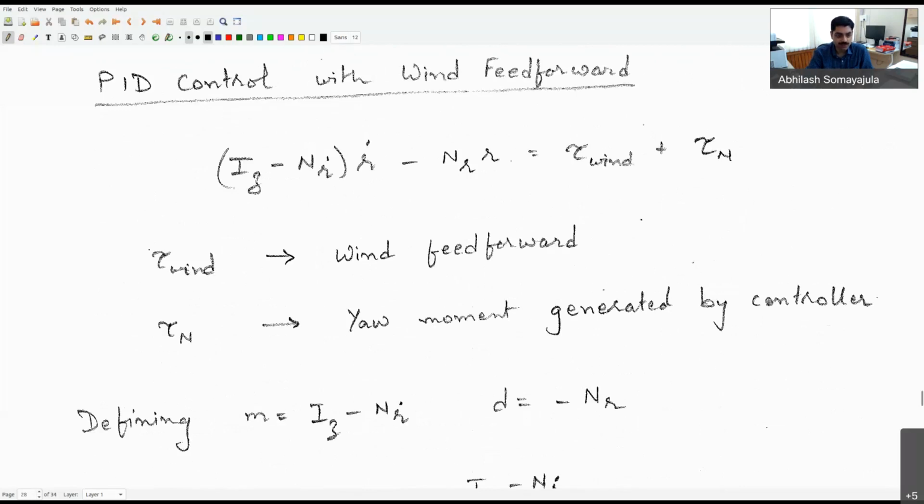So for the moment, we are still focused on the autopilot system, which means we are only trying to control our heading. Then the PID control law can be formulated for our simple Nomoto model, and that simple Nomoto model can be formulated as you see here, a simple single degree of freedom yaw equation of motion, where you have the inertia terms in the yaw. So this is the mass moment of inertia, this is the added mass, times r dot, minus nr times r.